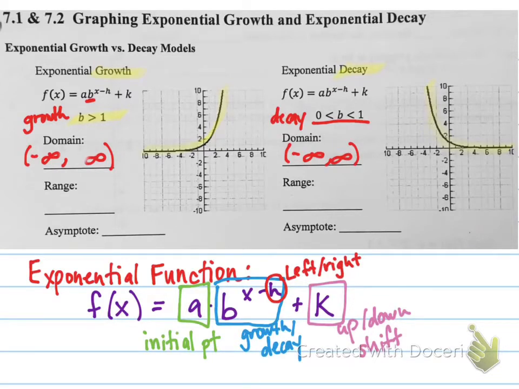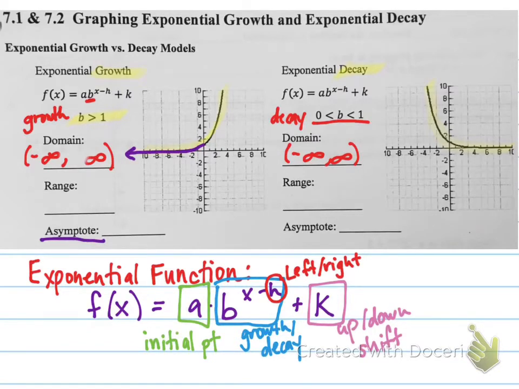For range, you always start from the bottom and then you work your way to the top. So the range will always be where your horizontal asymptote is, and this may be a new word for you. Basically this function stretches on forever and ever.